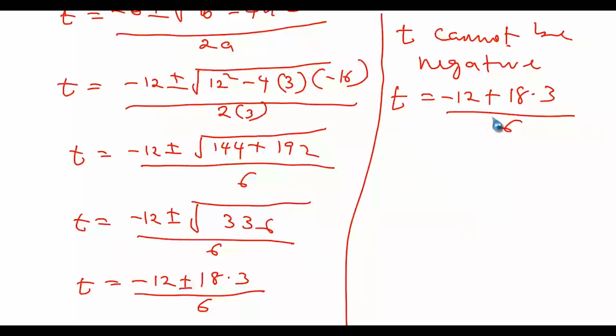So I will not do minus 12 minus 18.3 over 6, because t can never be negative. So t will be equal to 6.3 over 6, then t is equal to 1.05. So this is the value of t here.